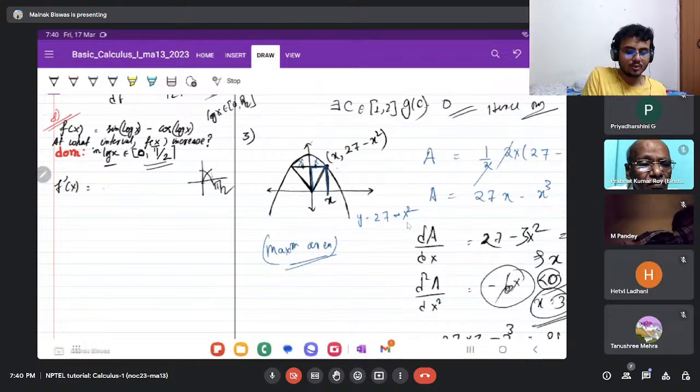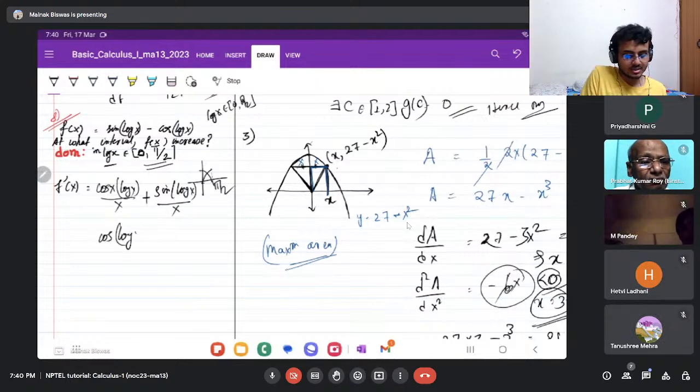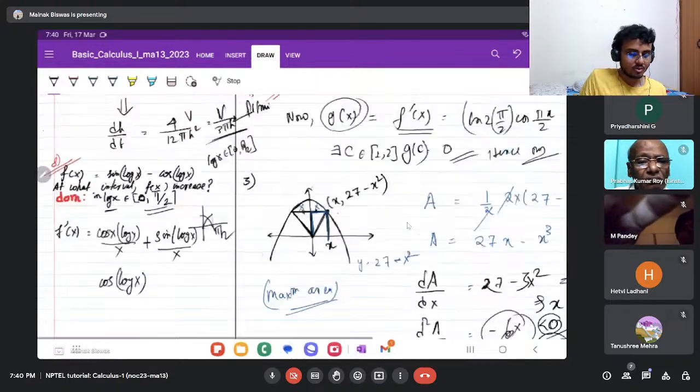So I'm telling, where is f of x increasing? So I'll take cos x log x by x minus or plus sin x log x by x. Agreed? So you have here cos log x. I seem to have made some error over here.